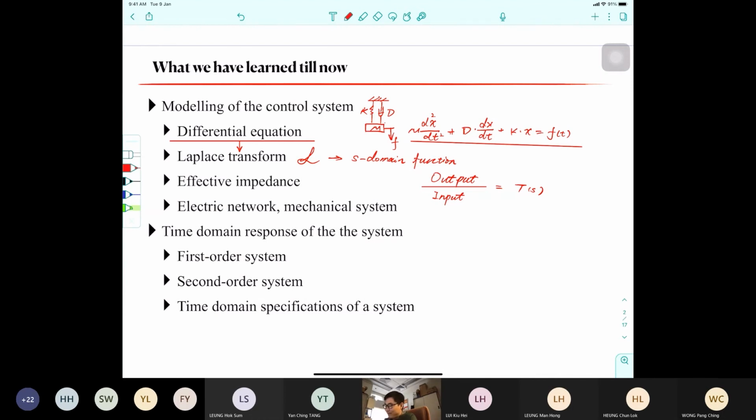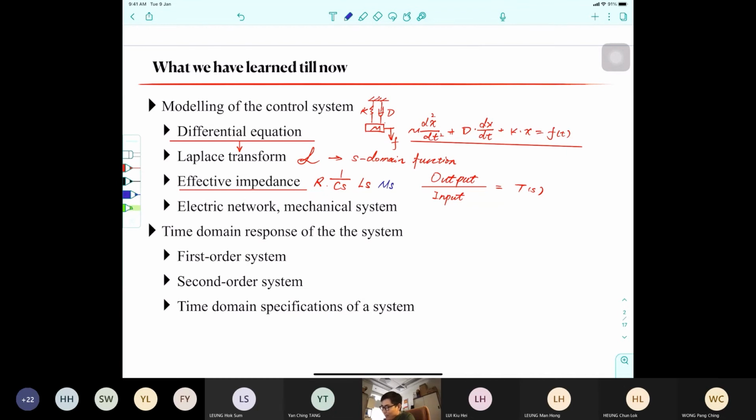The transfer function connects input and output together, and when building the transfer function, we used the effective impedance, right? Effective impedance. So for example, impedance of resistor, impedance of capacitor, impedance of inductor, right? And in mechanical system, we also have the impedance of mass, right?